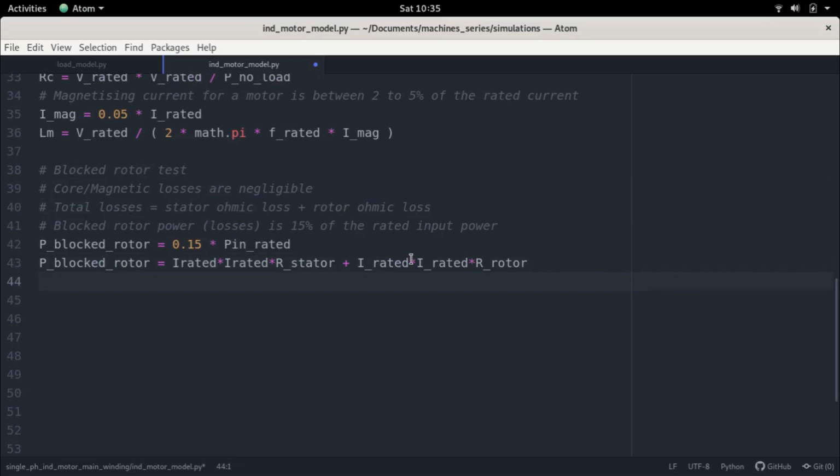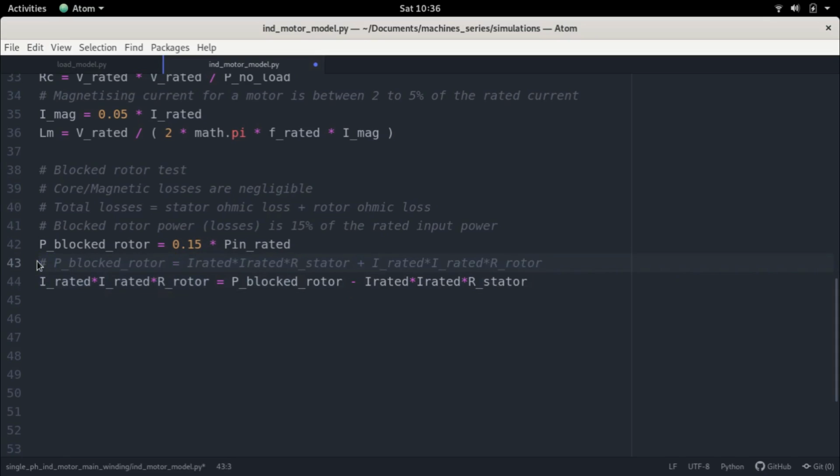All we have to do is take this to this side and bring this here. Actually, let me copy this so that we have this for reference so that I know how I got it, and let me just put a comment here.